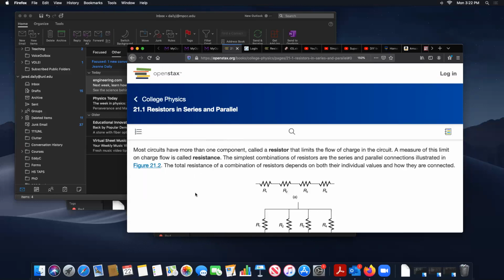Well, resistors have a very similar kind of thing going on when you put them in series and parallel, except it's exactly the opposite. Remember that resistors, when they get longer, get bigger. And so if you just put resistors one after the other, that's just like making a longer resistor.